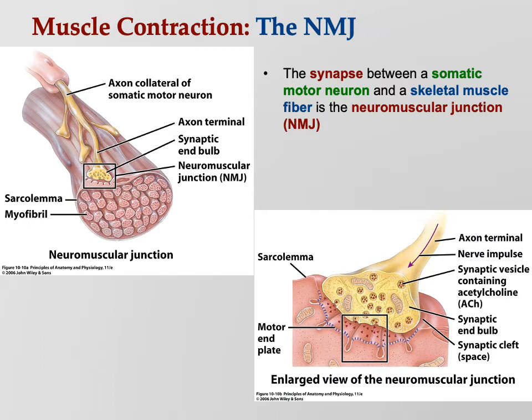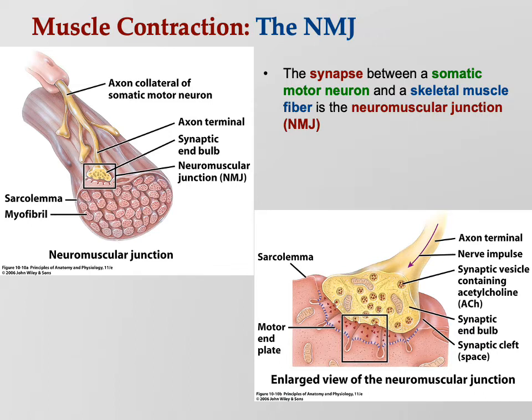Sensory neurons carry sensory information from your body to your brain. Motor neurons carry information from your brain out to your body. Motor neurons are what make things happen. Motor neurons in particular are what make muscles contract. Somatic means going to the body. When we get to the nervous system, we'll see that there's both the somatic nervous system and the autonomic nervous system.